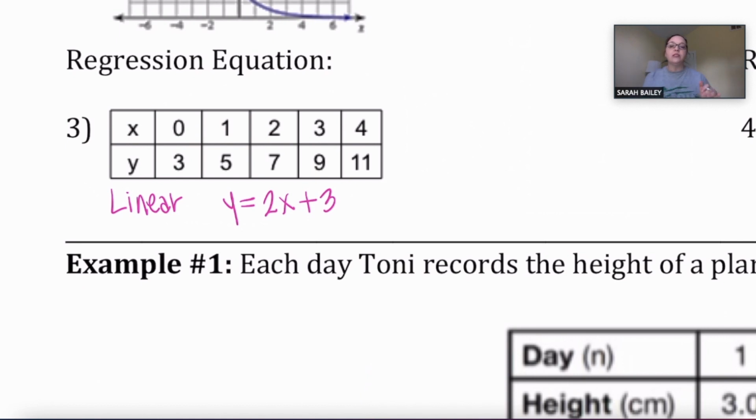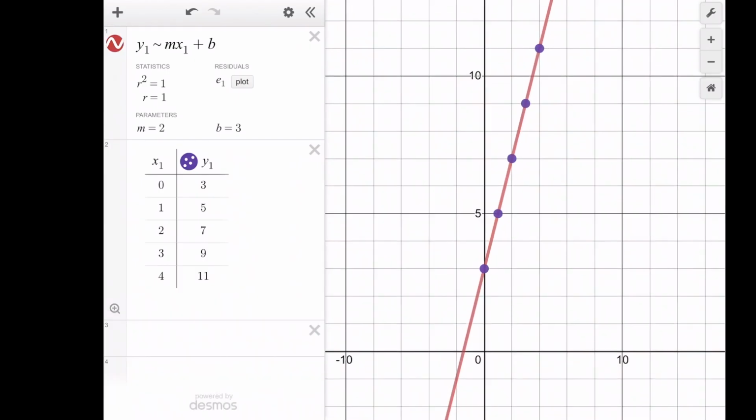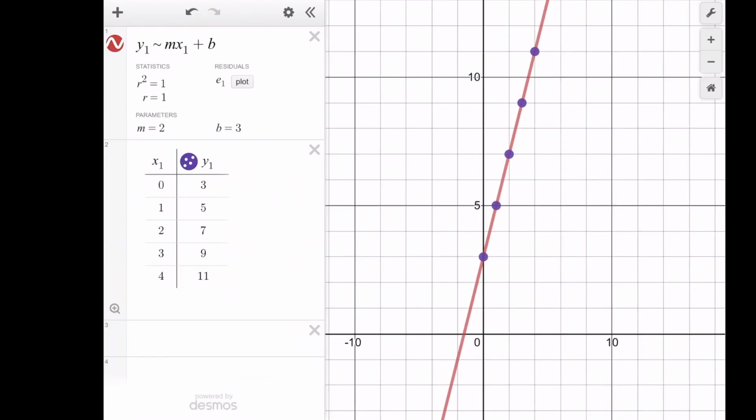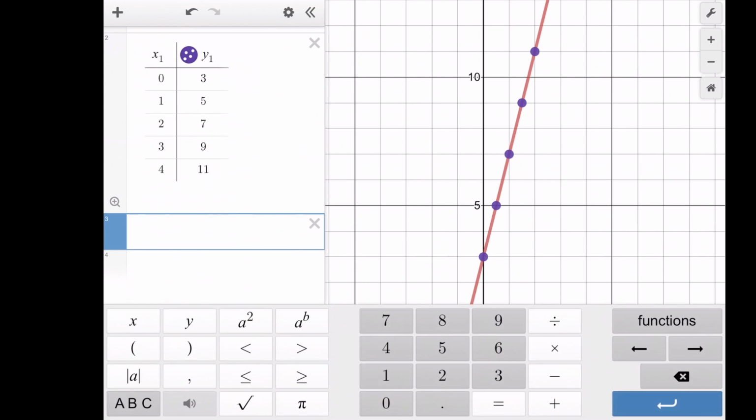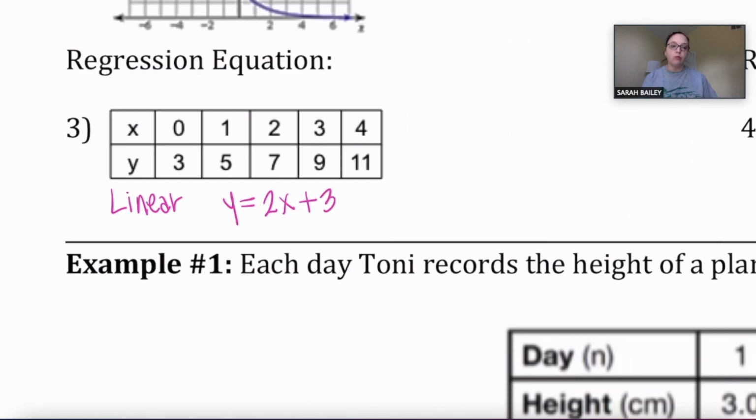Now, you can see on my graph here that the line goes straight through those points. Well, I can also ask the calculator to do an exponential regression equation. So let's do that also. Remember the form of exponential equations?